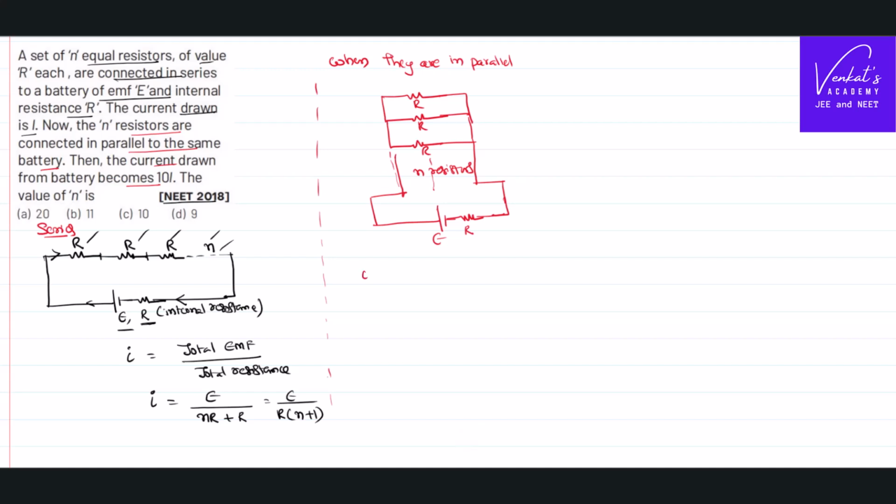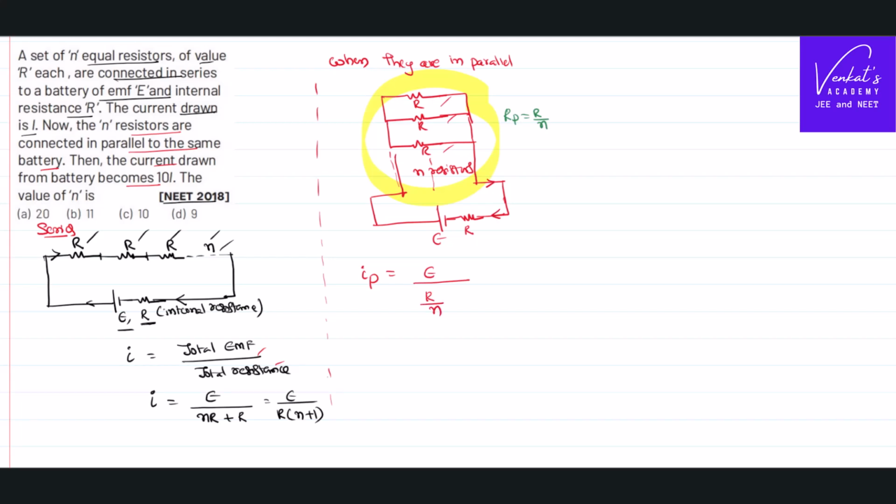Now, I can write the current in this equation. As they are all identical resistances in parallel, the equivalent resistance of this combination becomes R parallel equal to R by n. So, I is total EMF by total resistance, the same formula. EMF is E, but the resistance is R by n.